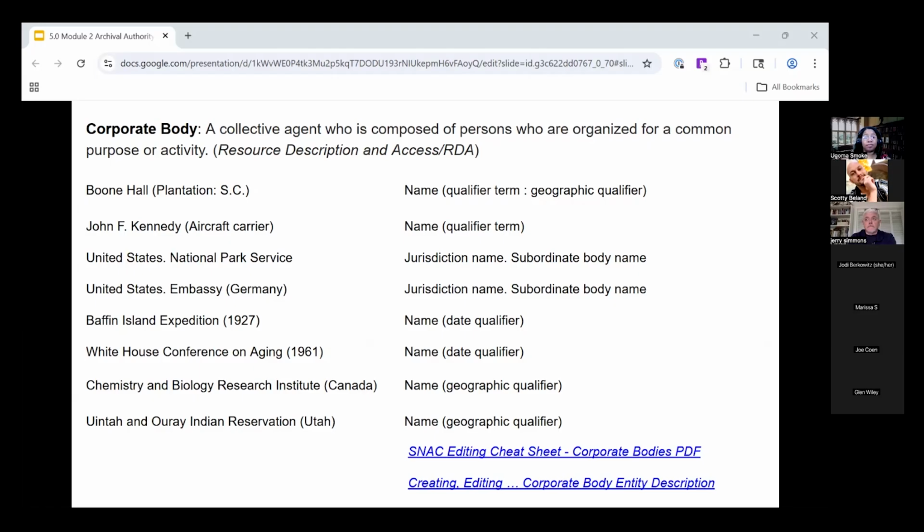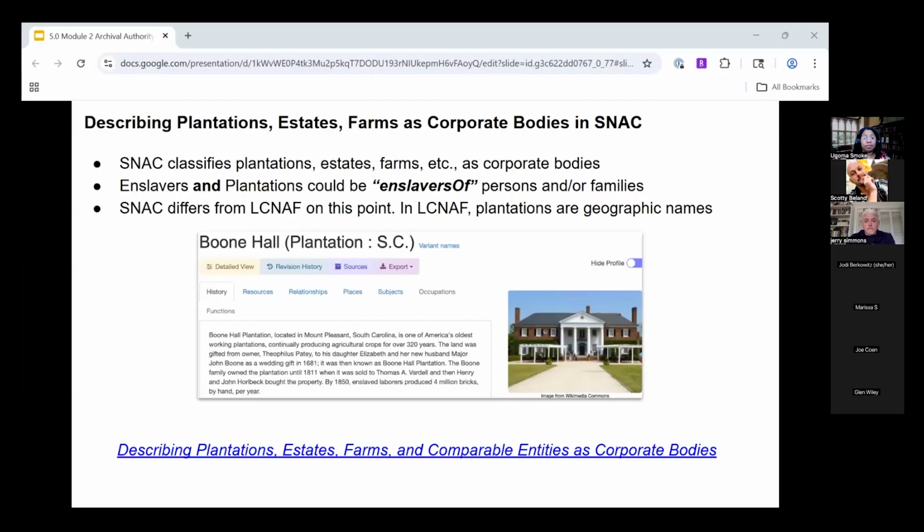We see the name for Boone Hall qualified with plantation, as well as a geographic qualifier. Boone Hall standing alone isn't sufficient to clearly explain the nature of the entity represented by the name. The John F. Kennedy example is similar. John F. Kennedy is the name of a person, but when established as the name of a naval vessel, additional information is warranted.